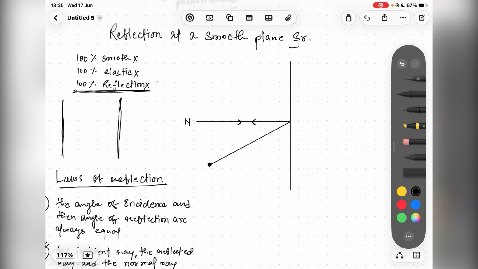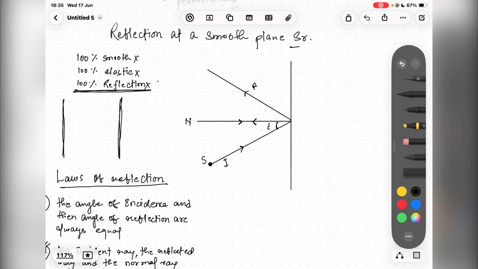This object gave off this ray, so we will call this the incident ray. Let's call the object S. Now the angle between the normal and the incident ray is called the angle of incidence and is depicted by I. Now suppose the ray got reflected something like this.